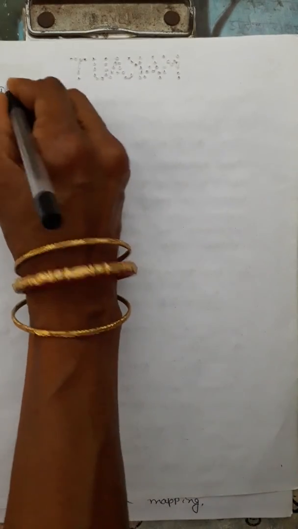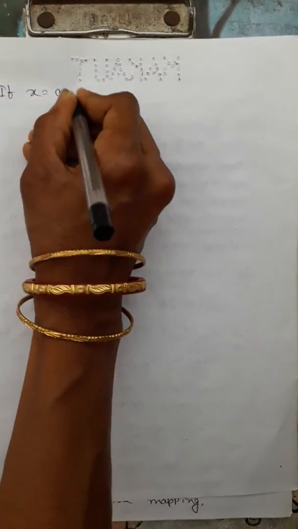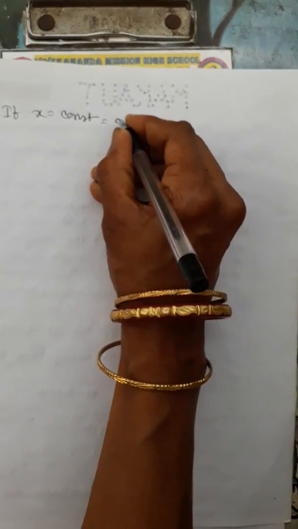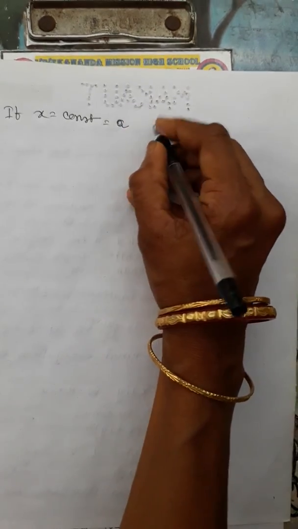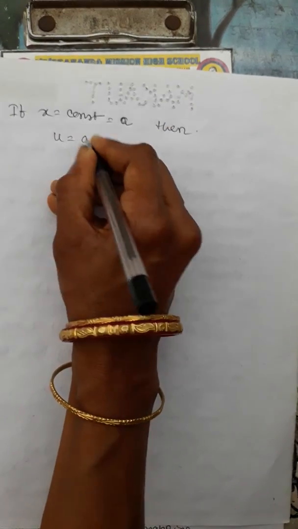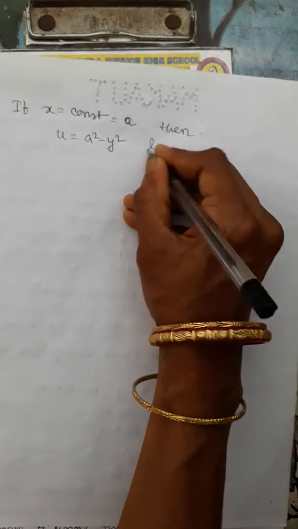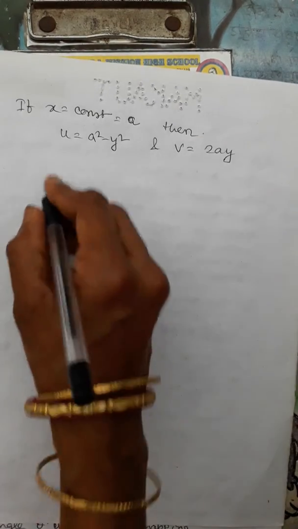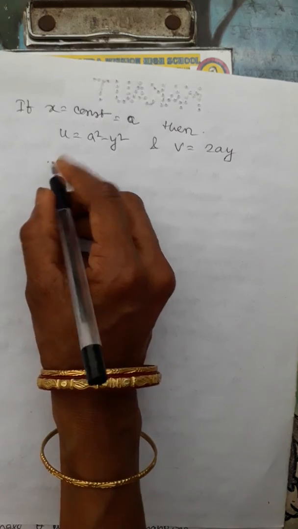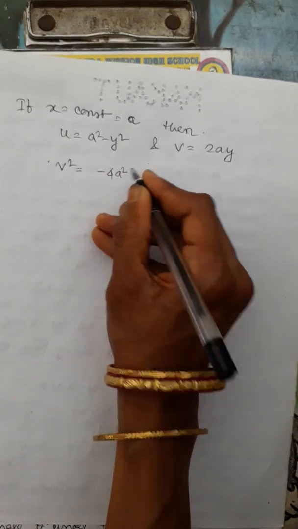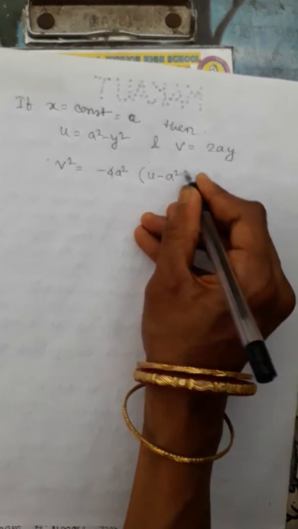If x is constant, equal to a, then u = a² − y² and v = 2ay. So eliminating y from these two, we have v² = −4a²(u − a²).